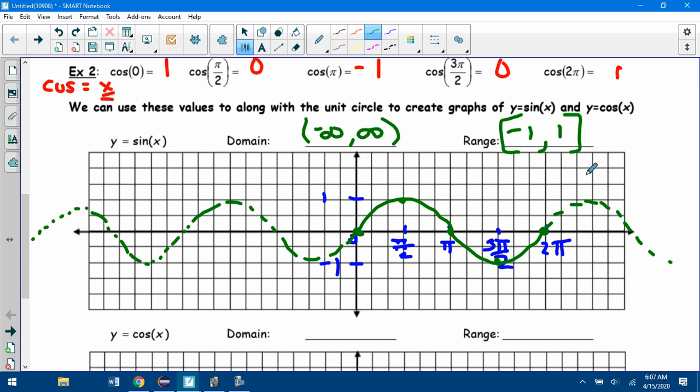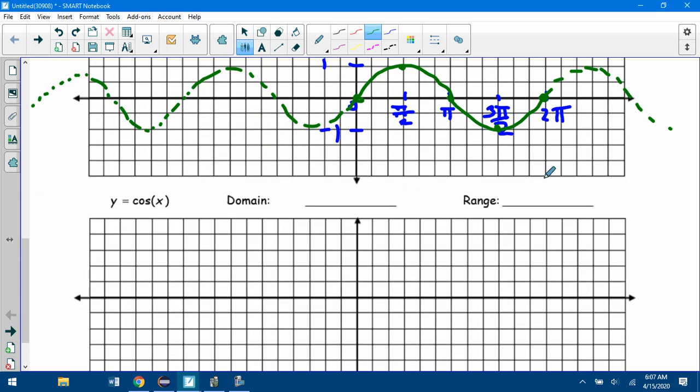Okay, let's do the same thing with y equals cosine of x. I'm going to set up my graph pretty much the same way. So this has to be 0. Go every 3. That would be pi over 2. That's pi. That's 3 pi over 2. And that's 2 pi. And just like sine, the highest cosine can be is 1, and the lowest it can be is -1.